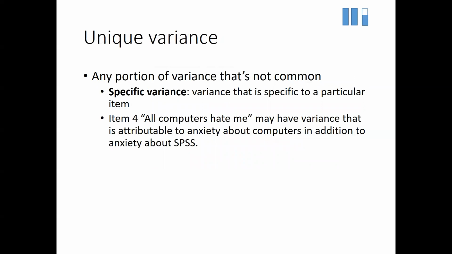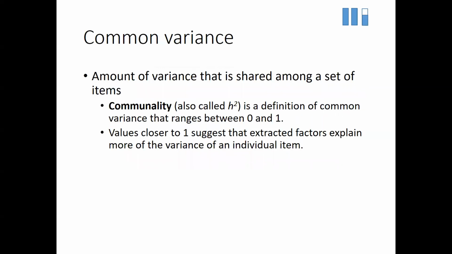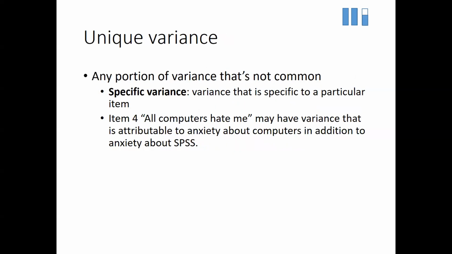There's a couple of different ways to talk about variance. So this is unique variance, right? Basically, this is a concept that means it's not common, right? It's not shared variance. For example, you've got that item that all computers hate me, right? Is that really related back to SPSS anxiety?